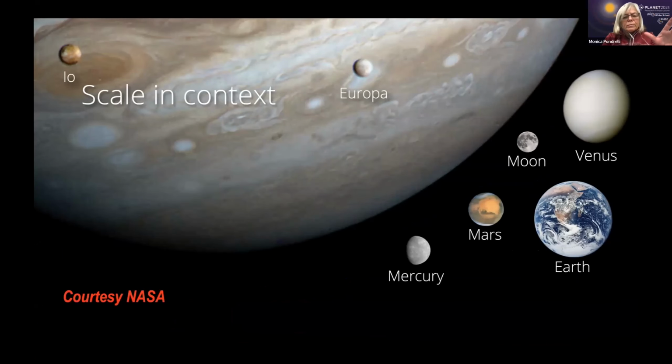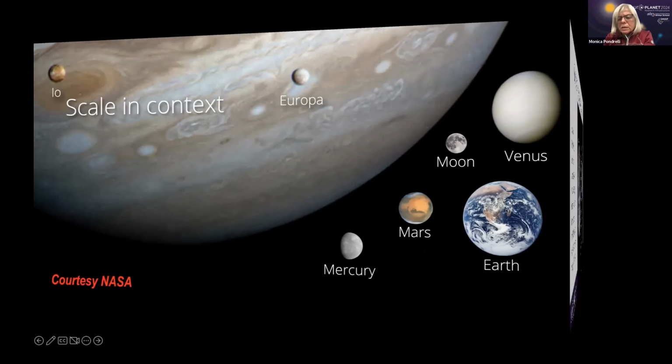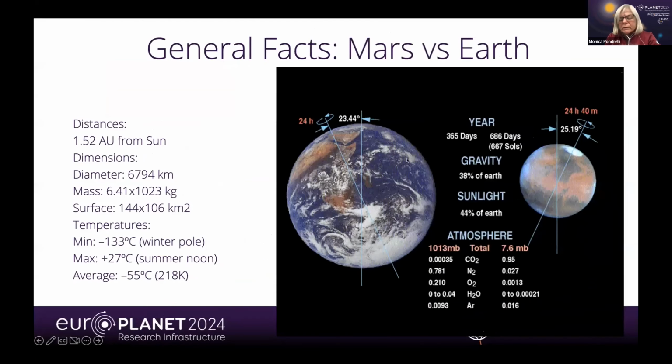So this is a sort of family portrait, so to say, with some planets and satellites. Mars is here, as you can see, definitely smaller than Earth.